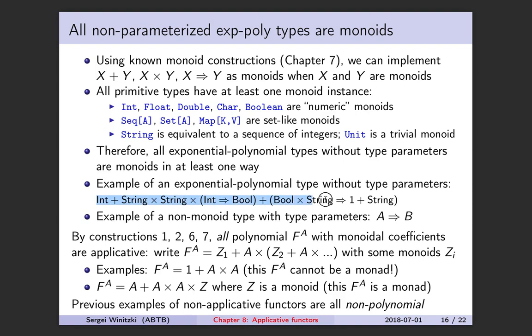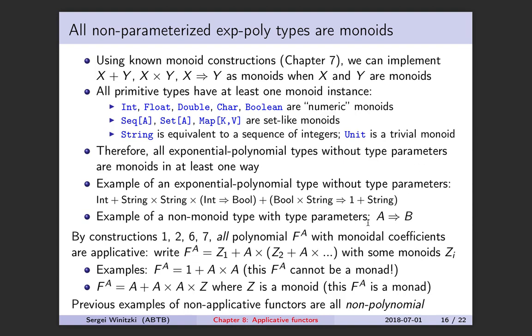Notice that this does not have any type parameters. If I have type parameters, then I don't know if that type is a monoid. I don't know how to implement a monoid instance for it. Maybe it will be a monoid when this type expression is actually used in my code, but I don't know that, so I don't know how to implement it.